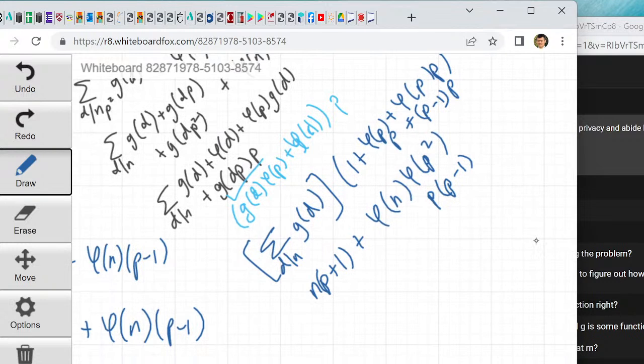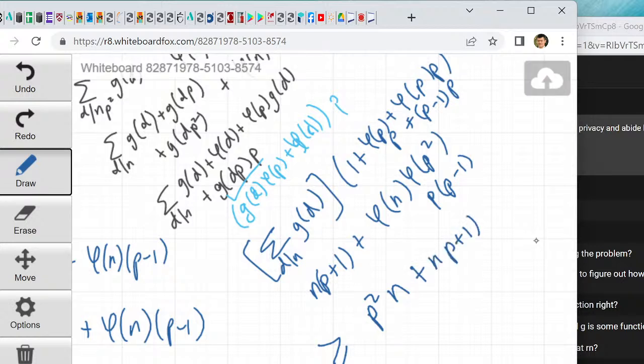So I get p squared. This is greater than or equal to p squared n, p squared n plus np plus 1 minus phi of n times p.